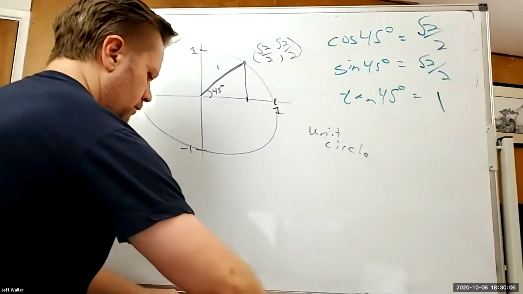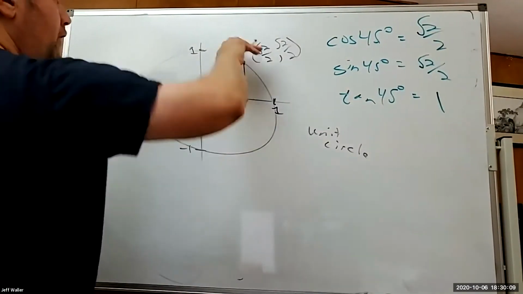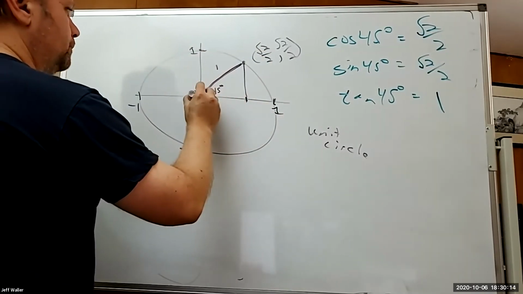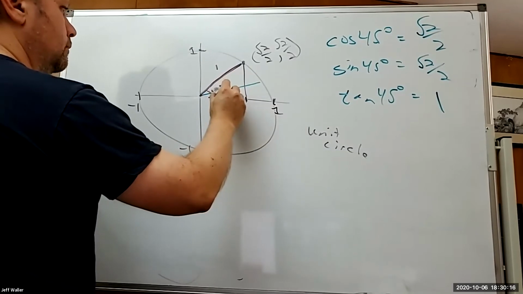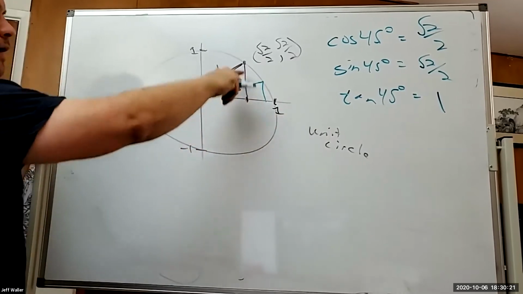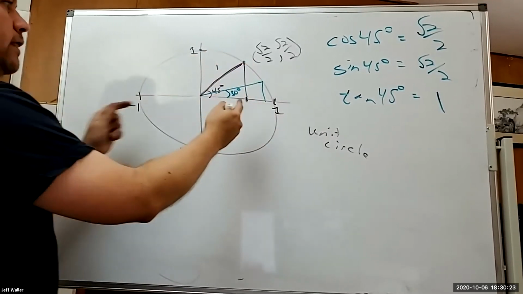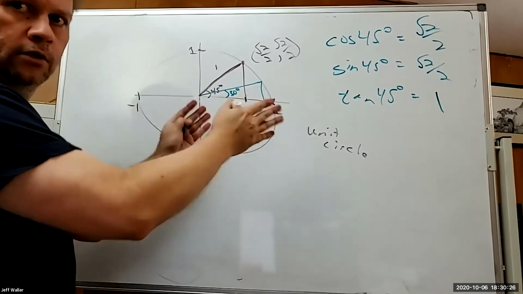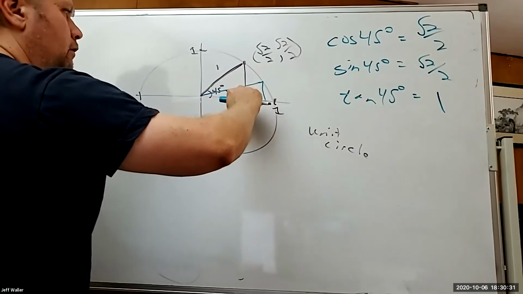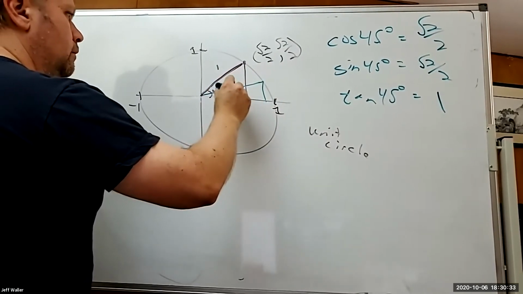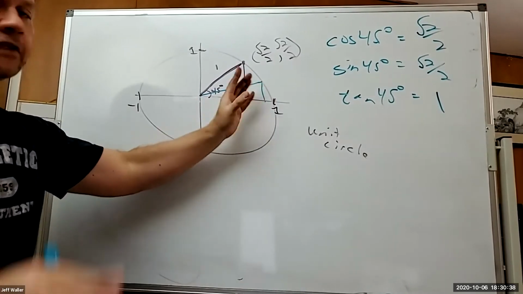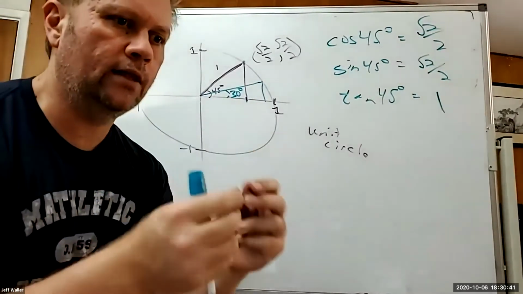So now watch. This is what I was trying to say a minute ago. If I let this move until it's got an angle of 30 here, look what happened to the y side. The y side got much smaller, and the x side got comparatively larger, which means the sine of this angle must be smaller because the sine likes y.